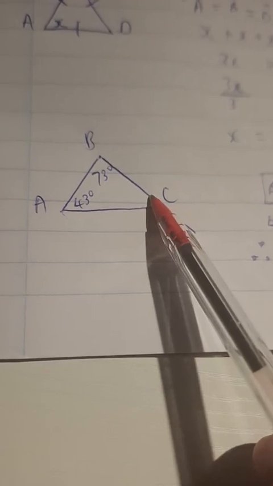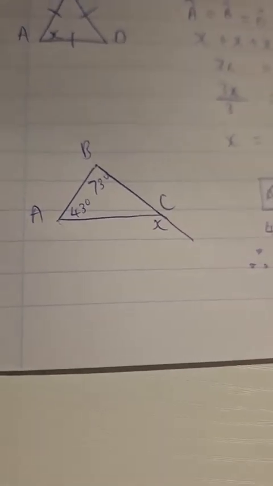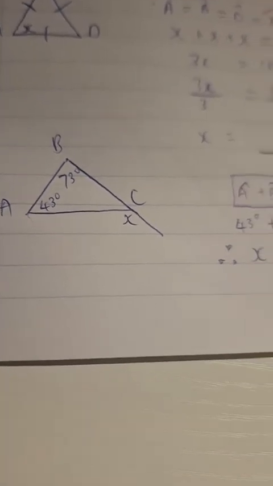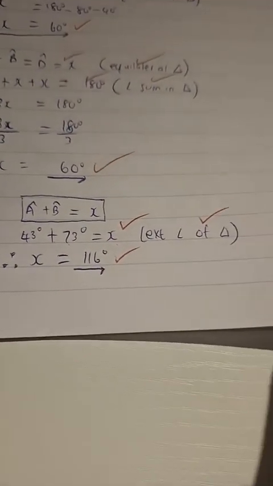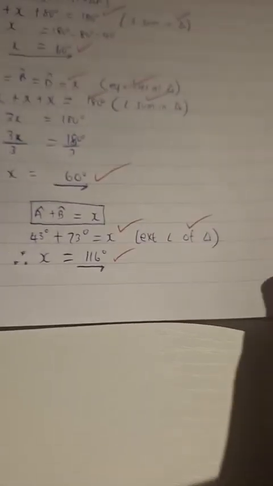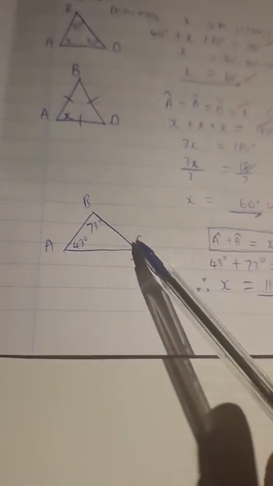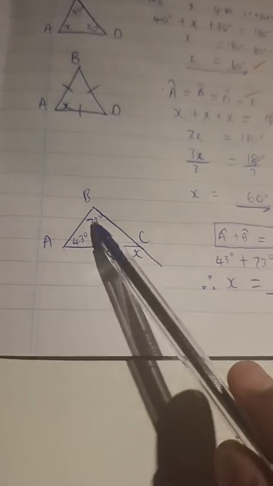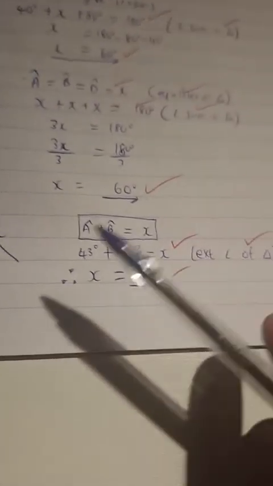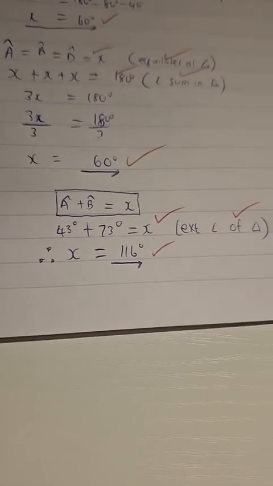And after finding this angle, they use angles in a straight line to find the value of x. That would also work as well. You'd still get x either way, all right? But of course, exterior angle in this situation is very quick and straightforward because you can see that this is an exterior angle because it's in line with the side of the triangle, and these are the two interior opposite angles. So the sum of them should give you the exterior angle, which is 116 degrees.